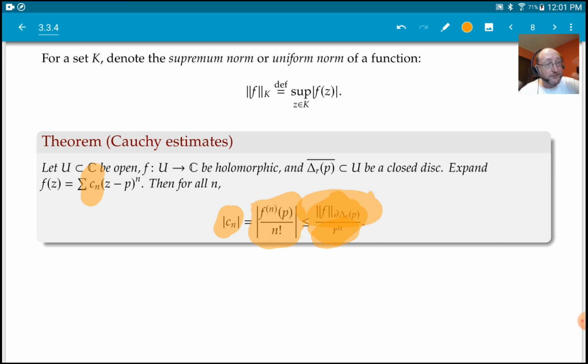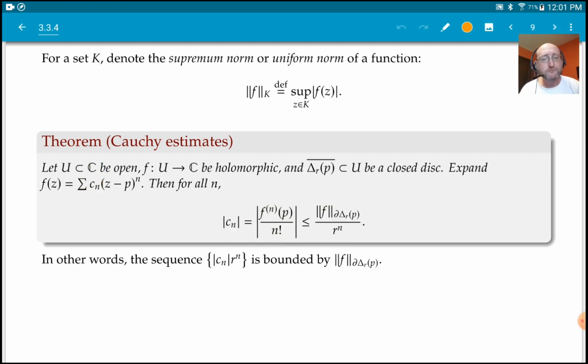But that's the idea. So there's a little bit of a trade-off on the right-hand side. The further away from p that you can get, the better estimate you can get, and we'll see that coming up shortly.